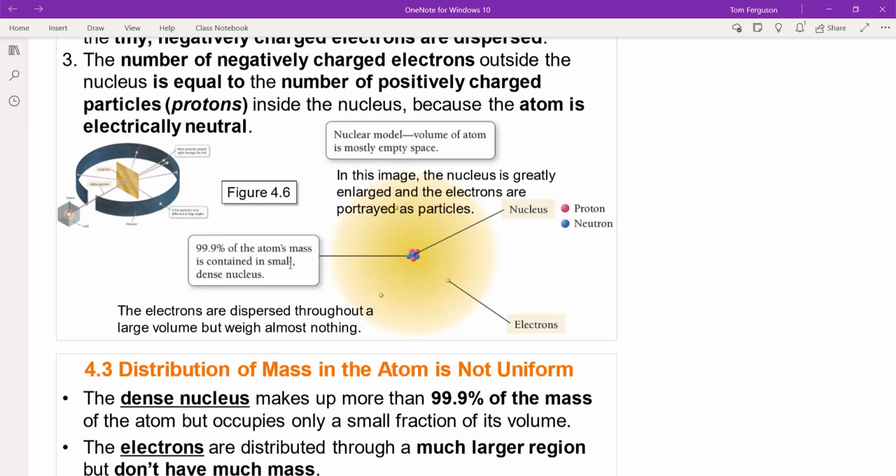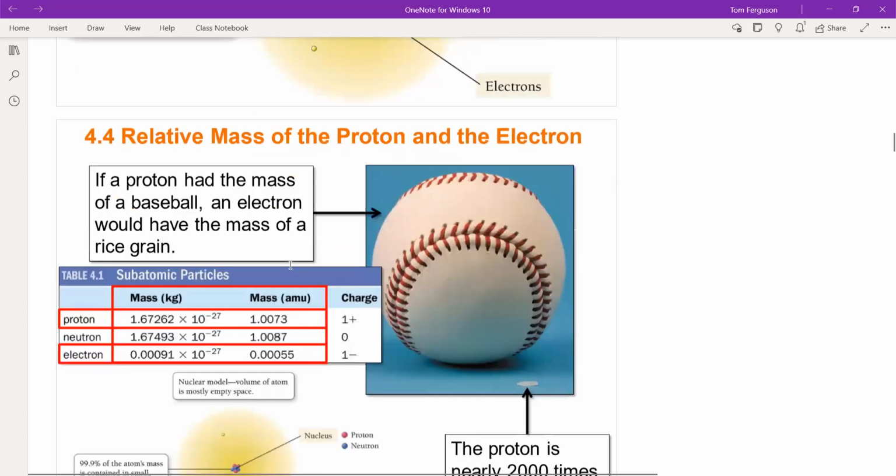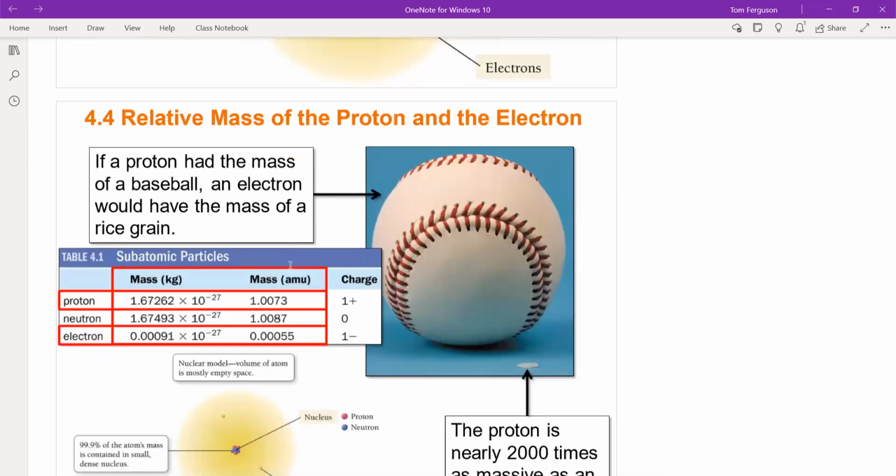All right, let's move on here. Now, if you look at these numbers here, electrons have a charge of -1. Protons have exactly the same amount of charge, only positive. Exactly the same amount.